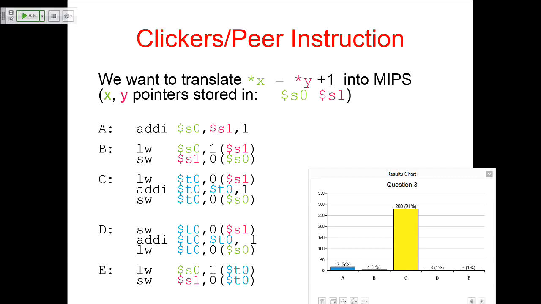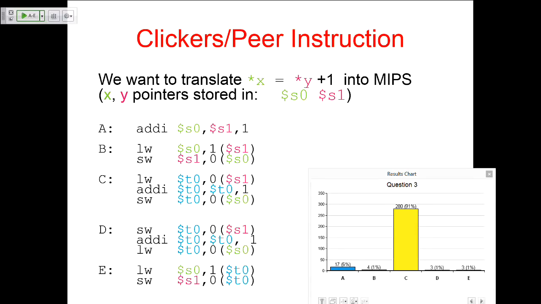I'm not going to go through some of the silly answers, like this one where it's just a confusion between load and store direction. But this one is worthwhile talking about. Some people maybe selected it because of confusion about what the pointer is, or what star x is versus just x.